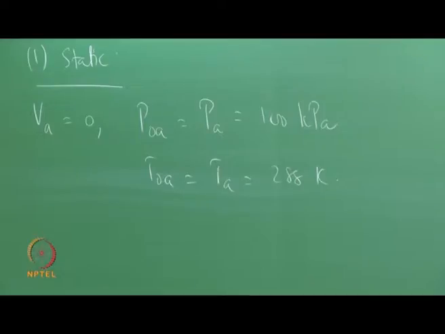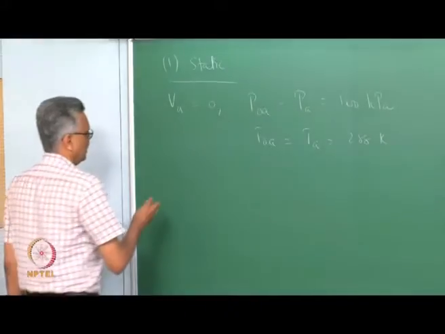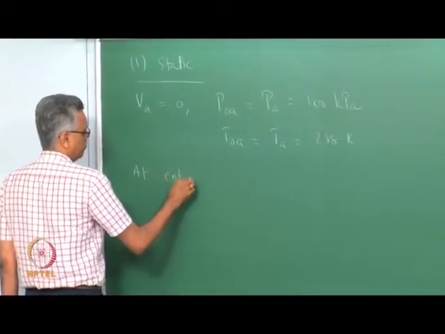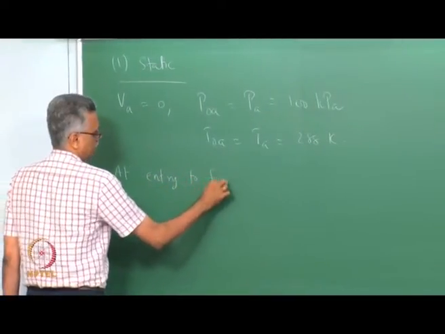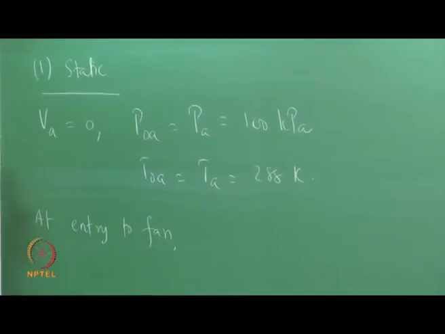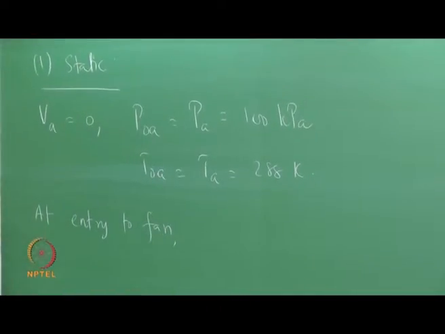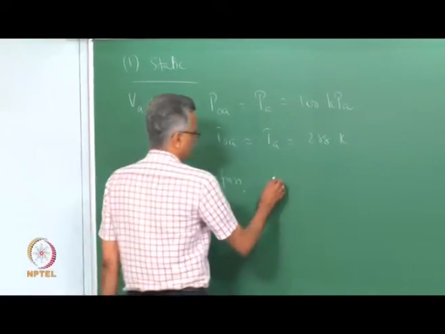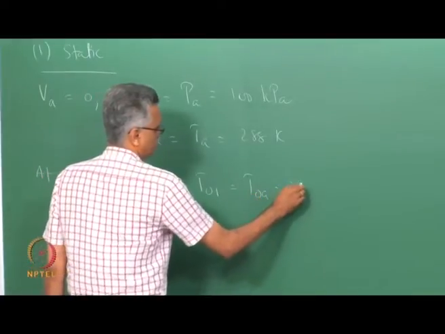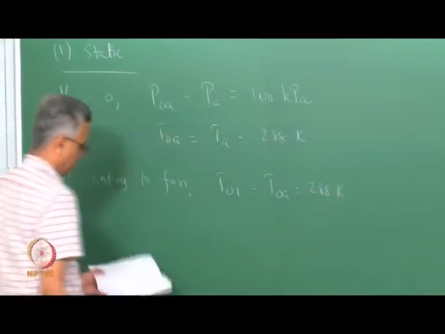So, this is the free stream condition. At entry to fan, this is the inlet. Since there is no work or heat addition or extraction in the inlet, we have T01 is equal to T0A is equal to 288 Kelvin.